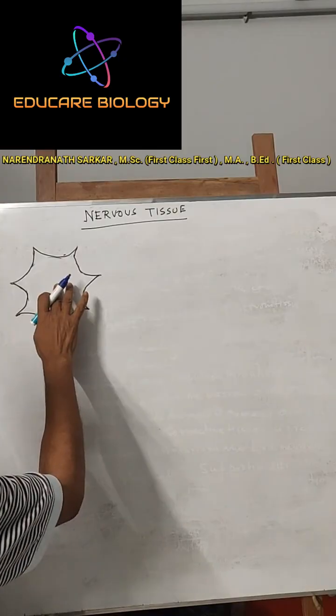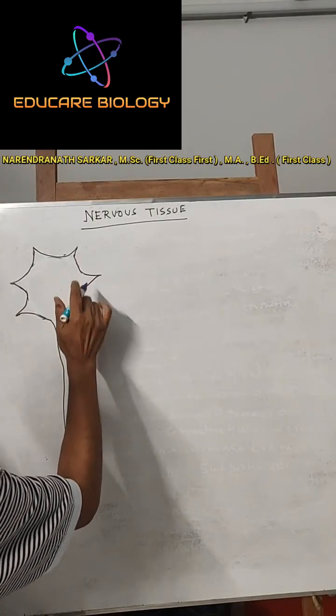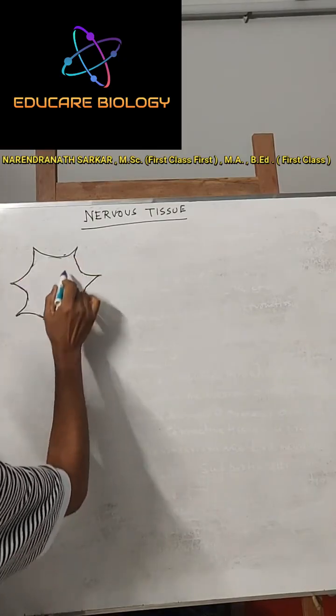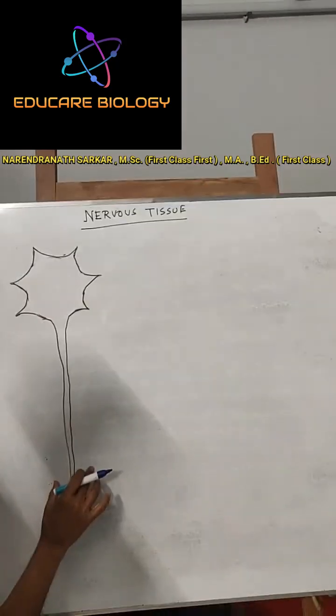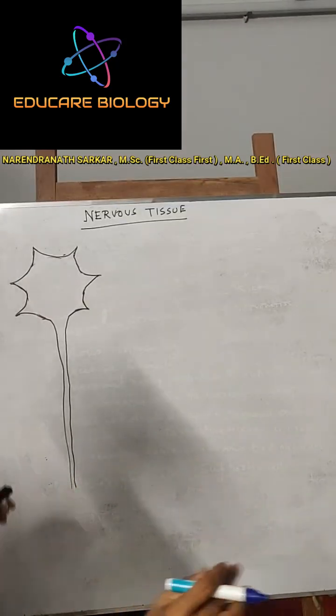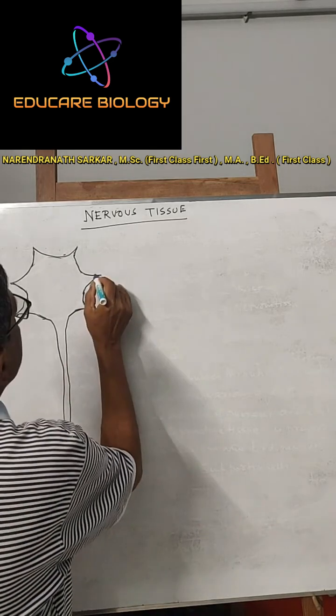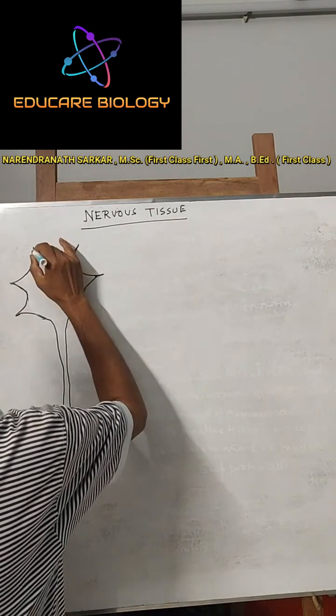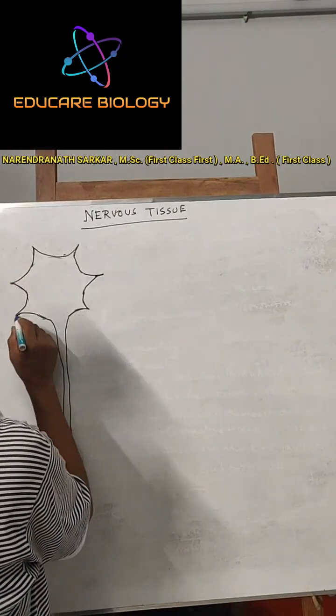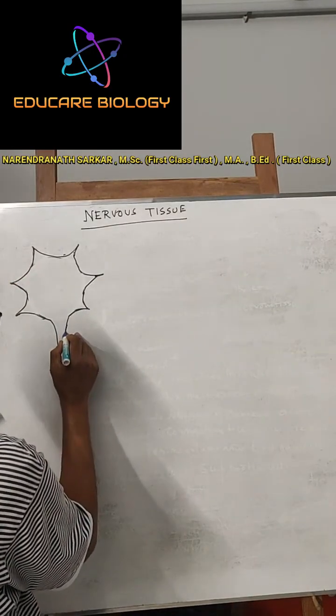From the cell body arise various processes. This is the short process, this is the longest process.